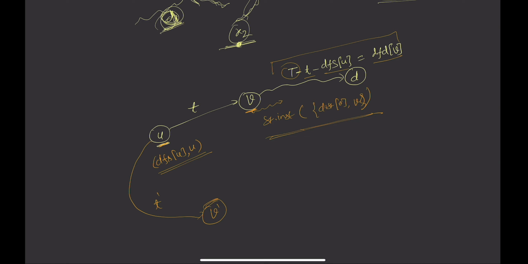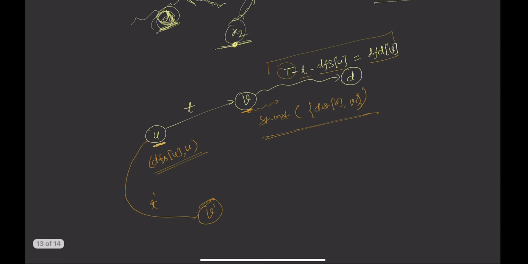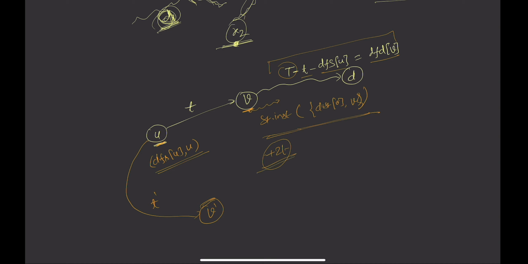Because if it comes back to u, that will have t plus t, which means an increment of 2t in the capital T. So 2t is incremented, so we will not come back to u again from this v once we have added the number of ways to v, and v can be picked later.